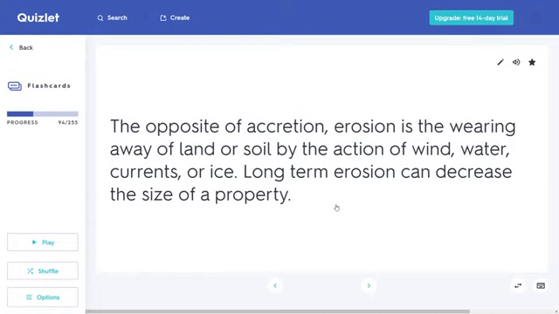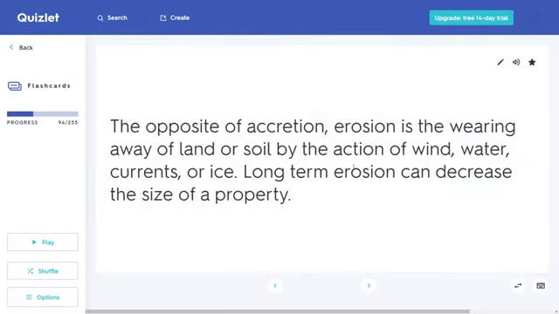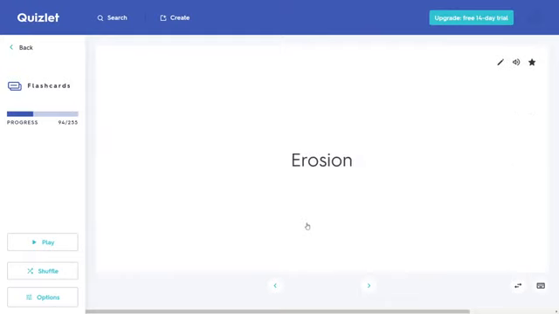This one is the opposite of accretion, meaning the wearing away. So accretion is the growth or acquisition, and erosion is the wearing away. So I hope that makes sense. I know there's a couple of these terms that can easily be mixed up, but just keep this one in mind for the future because again, it's another one of those that's super important.